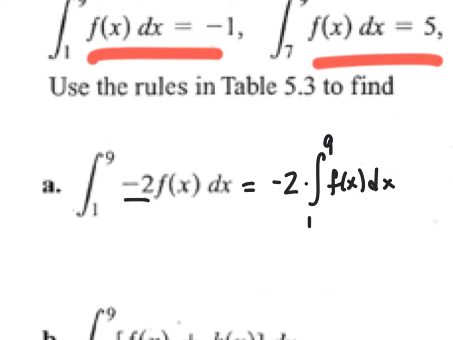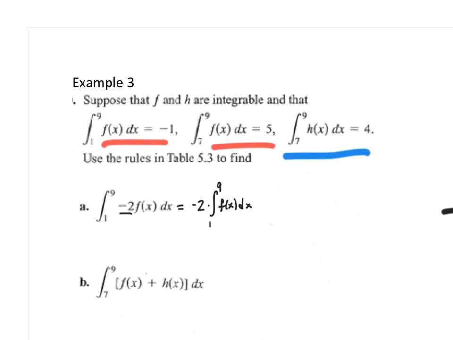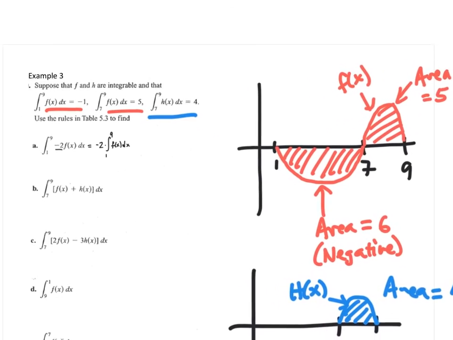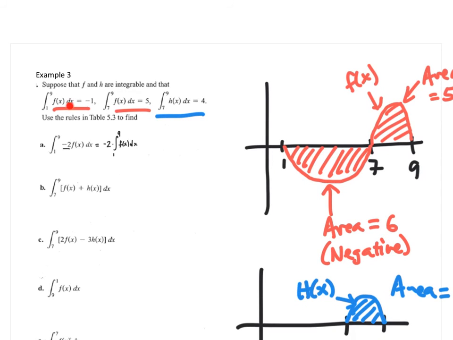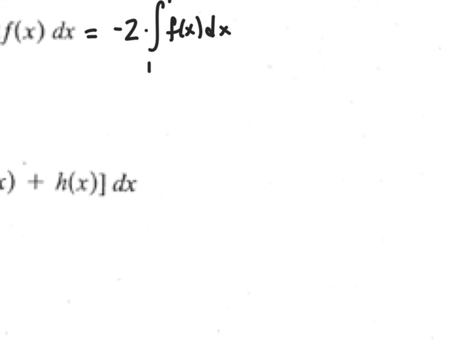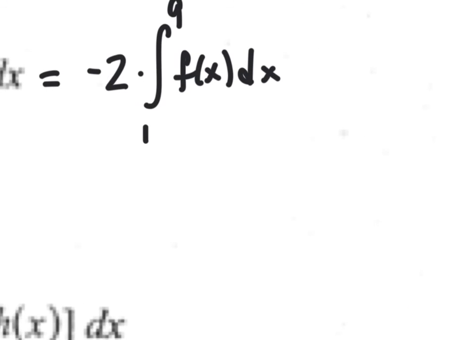Now, what we know is that the total accumulated area between 1 and 9 of f of x dx is negative 1. Now, it tells us that here, but we can also just add these two together, and we know that negative 6 plus 5 gives us negative 1. So now the area from 1 to 9 is negative 1.